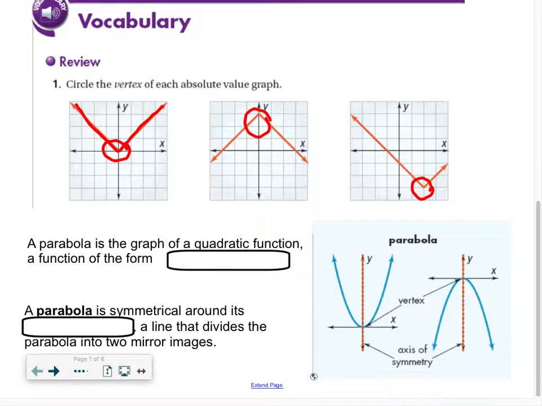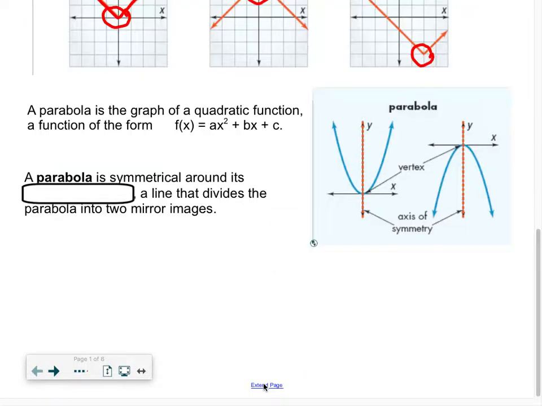First one is the function of a quadratic function. It's kind of like the standard function right here. f(x) = ax squared plus bx plus c. Then at our vertex, we have this thing called the axis of symmetry that goes through our vertex. It's a line where I can fold my parabola and it will mirror the other side.